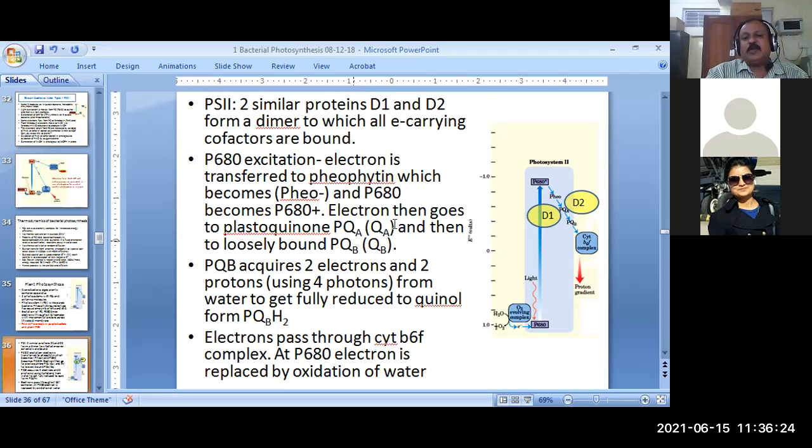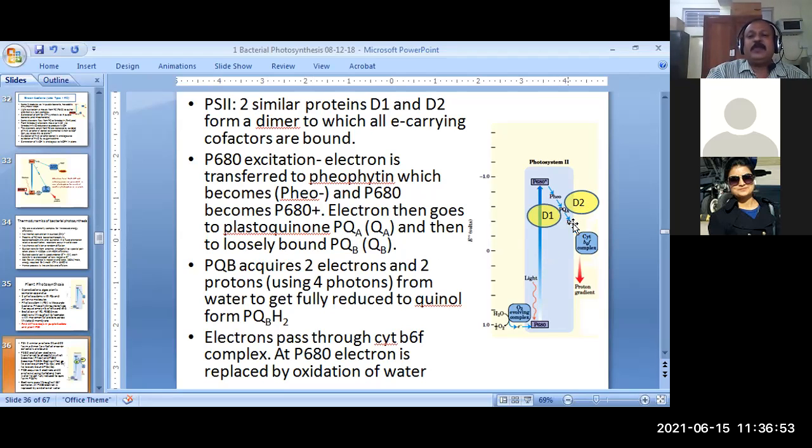The reaction center molecule becomes P680 plus now because it has lost the electron, and then the electron goes to the plastoquinone molecule, which is called PQA here. It is attached to D1, D2, and then it is passed on to the other molecule called PQB. Now this PQB is not very tightly linked to the dimer; it is rather loosely bound.